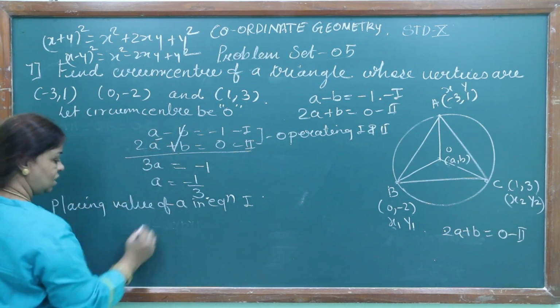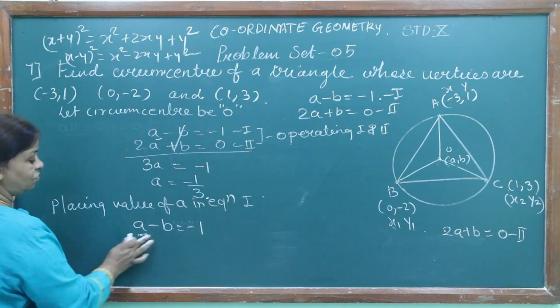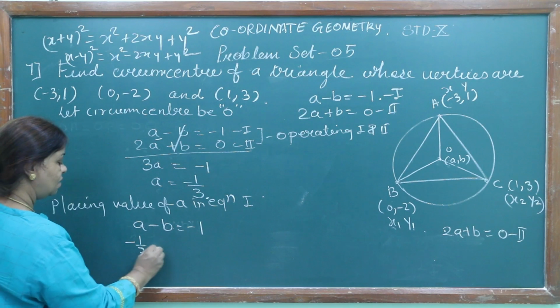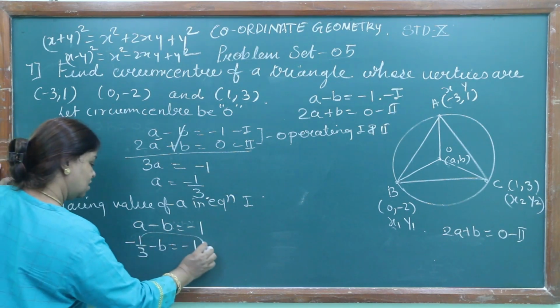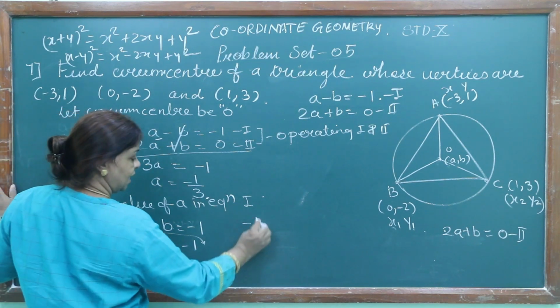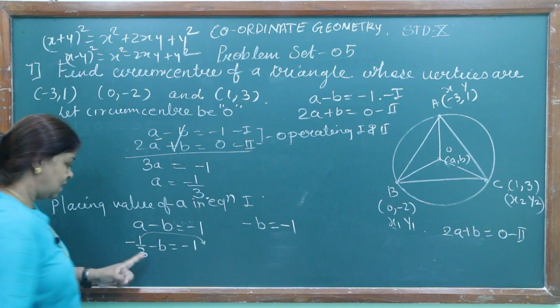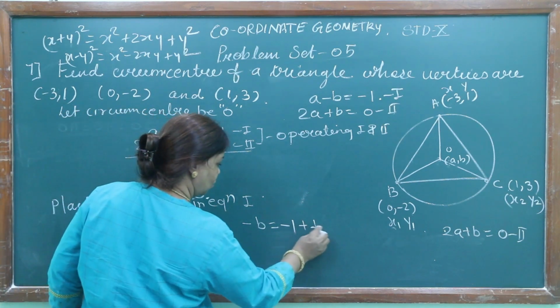So a value, this is my equation 1, a minus b equal to minus 1. In place of a, I will be writing the value. So minus 1 upon 3 minus b is equal to minus 1. Let us shift it here. So we get minus b equal to minus 1, and this I am taking that side. So it will be plus 1 upon 3.